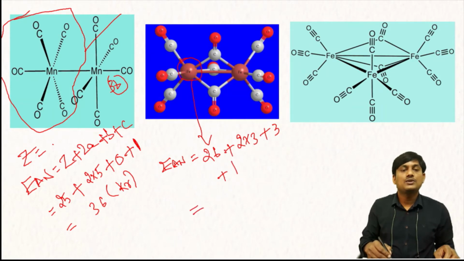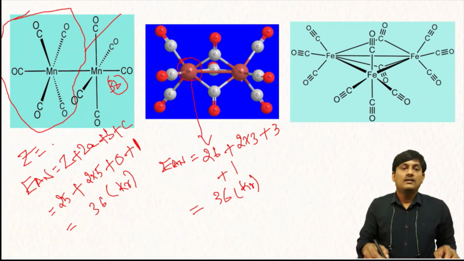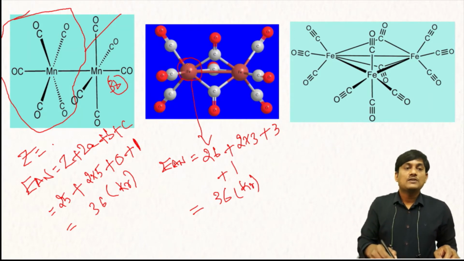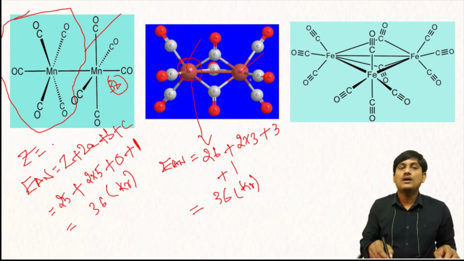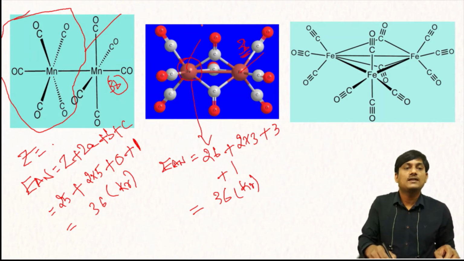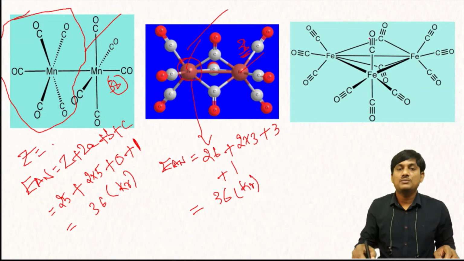So you will get 26 plus 6 plus 3 plus 1. It will be equal to 36. Again, you are getting the krypton atomic number. So this one also is stable. For this also you will get 36, since these two are equivalent. In this case also you will get 36. So this one is stable according to the effective atomic number rule.